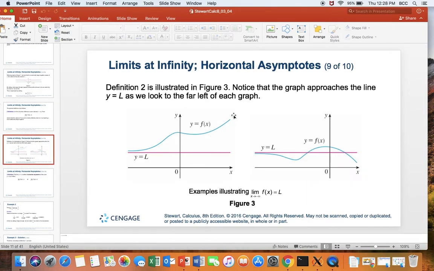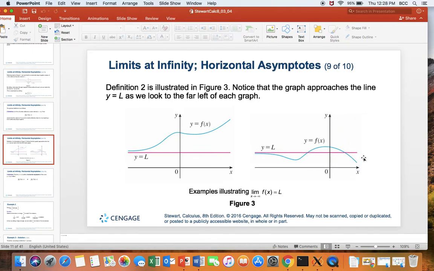Here is your example. Here is a curve which on the right hand side goes wherever it wants to go. But on the left, as x approaches negative infinity, this curve seems to get closer and closer to L. Mind you, it could hit L, come back up, and so on, oscillate. But as long as it gets closer and closer to L, your limit is L. Here is another example.